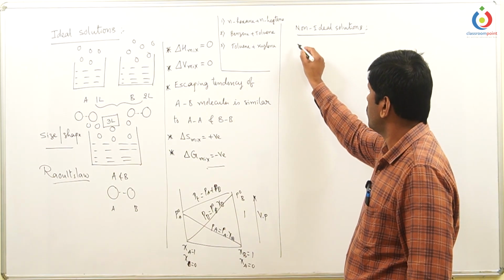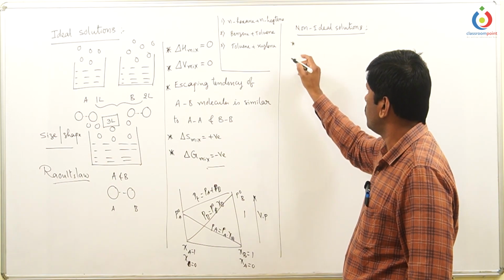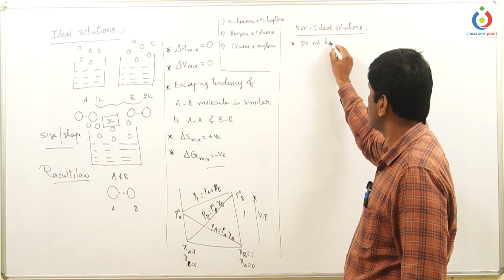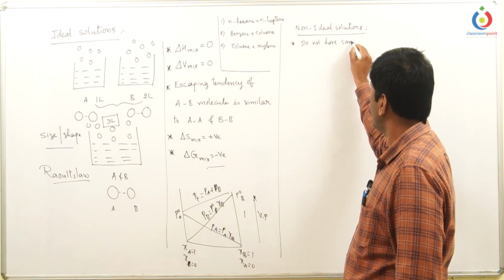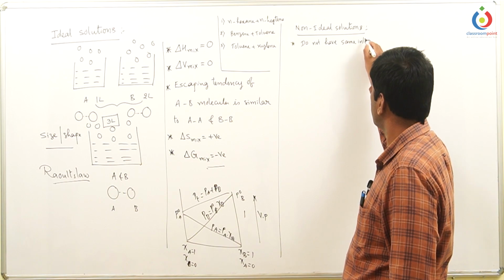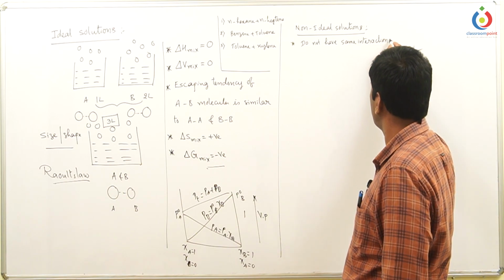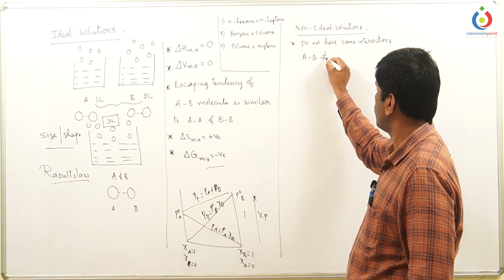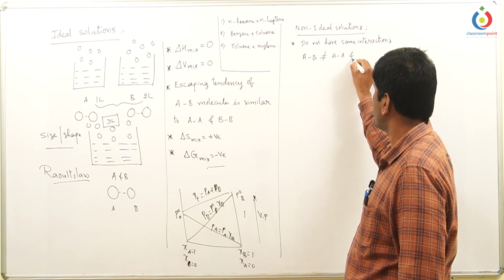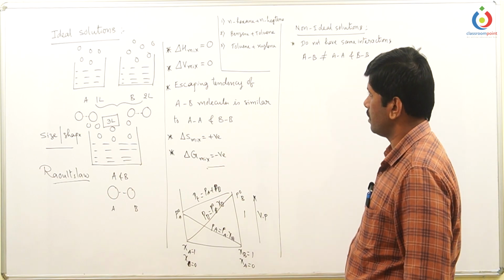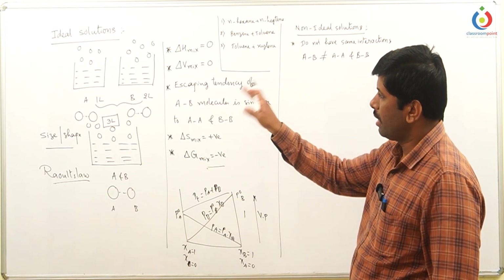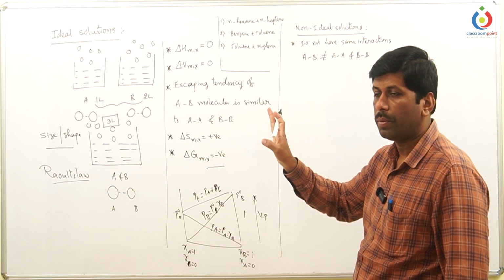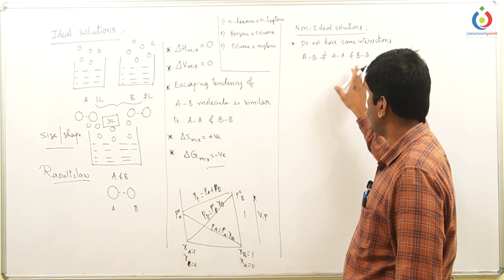Non-ideal solutions do not have the same interactions. That means AB interactions are not equal to AA interactions and BB interactions. So either AA interactions are more, or BB interactions are more, or AB interactions are more. That's why the interactions are not equal.